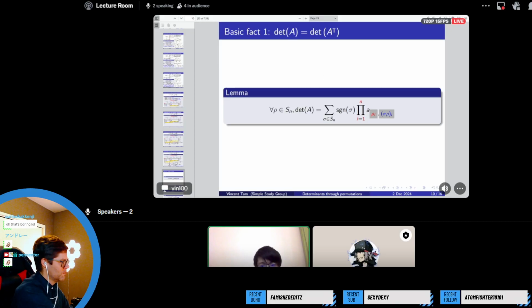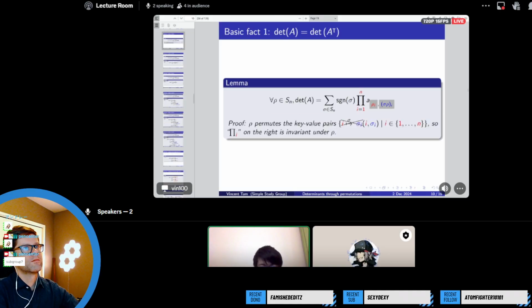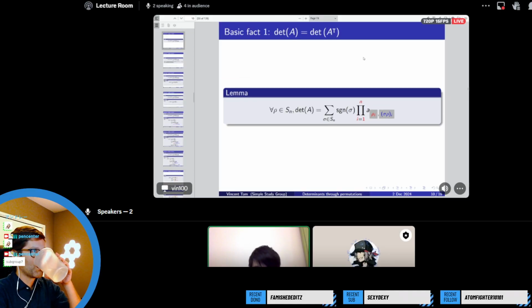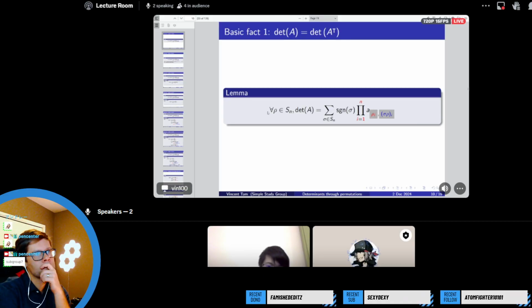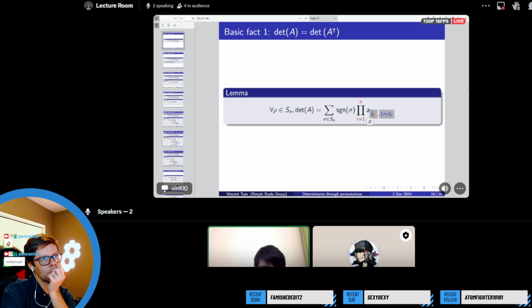And I don't know why I put this lemma here, but this lemma is just to show you some skills, how to operate with this definition.